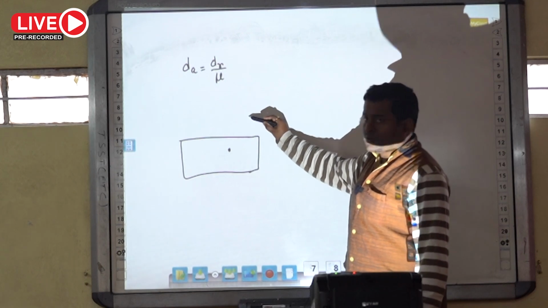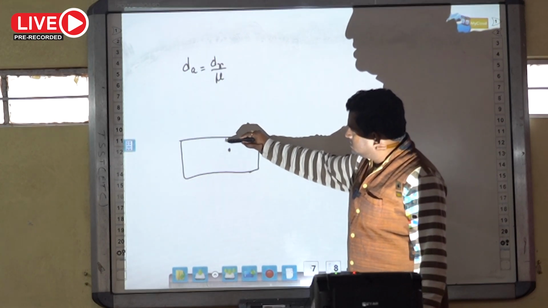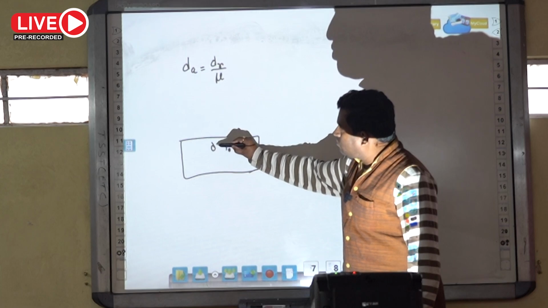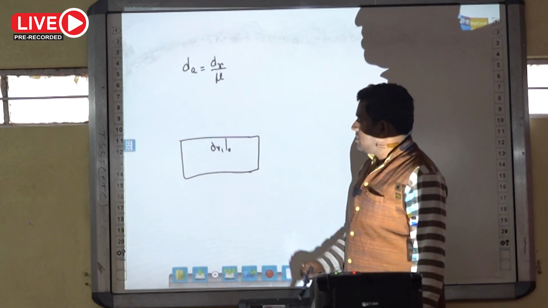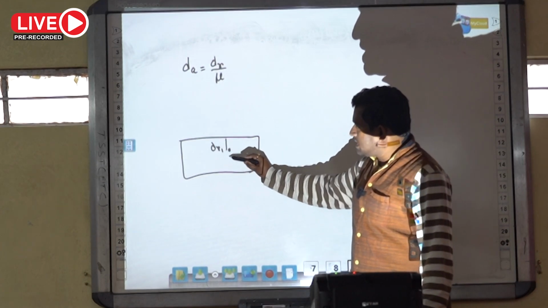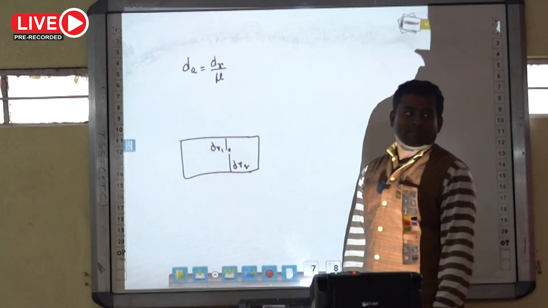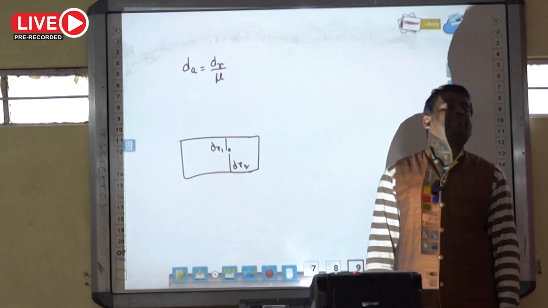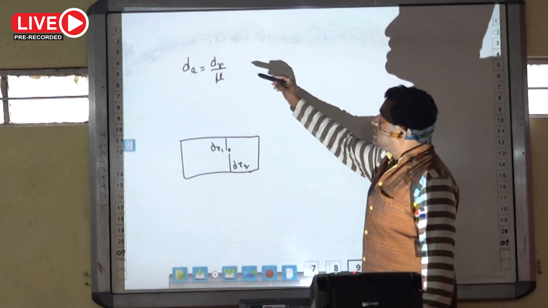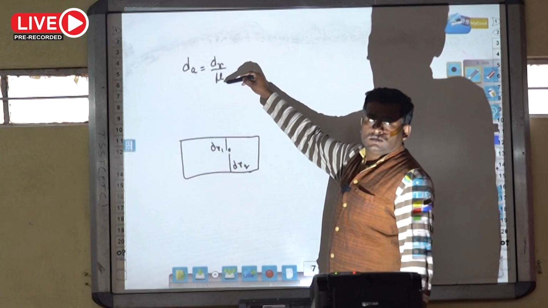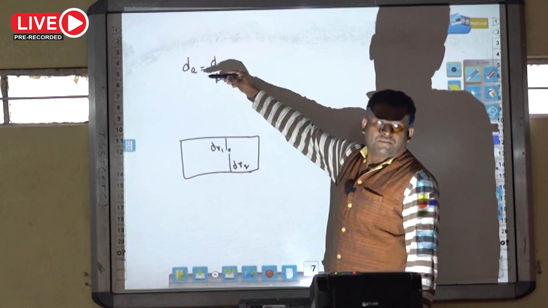When you look from this side, say the real depth is dr1. When you look from the other side, the real depth should be dr2, and you are getting the apparent depth from both sides. So I can write d real = mu into d apparent.